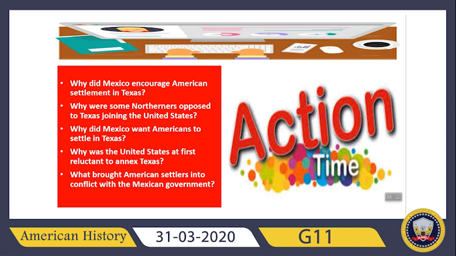Why was the United States at first reluctant to annex Texas? And what brought American settlers into conflict with the Mexican government? Read in detail, memorize the main things, and try to answer all these questions. In addition, at the end of your chapter you will find an assessment, so try to attempt a few questions from there also.